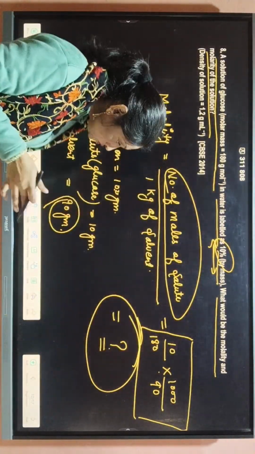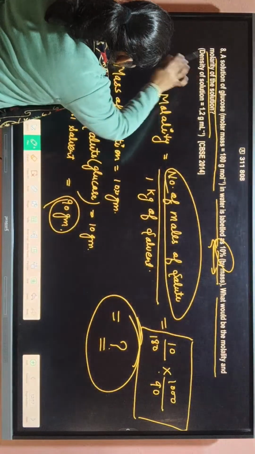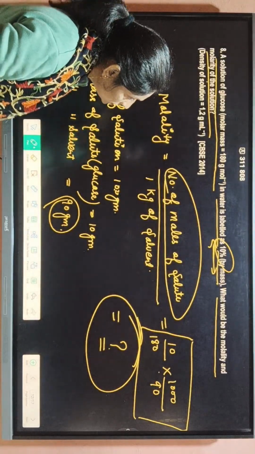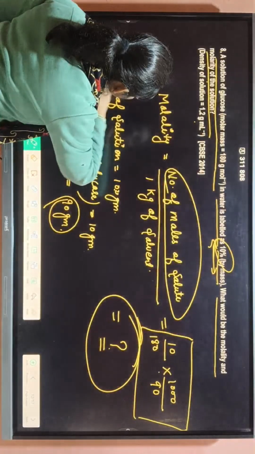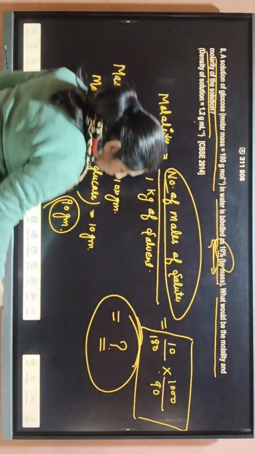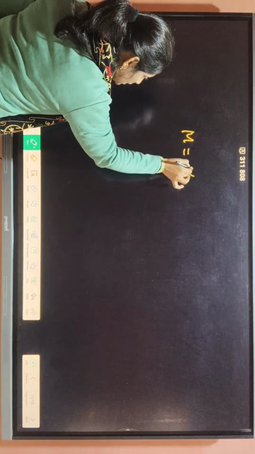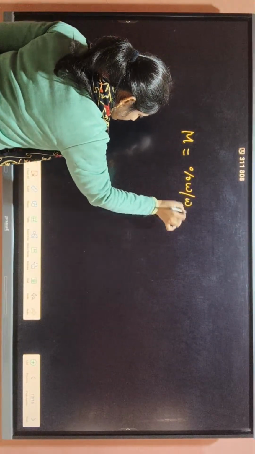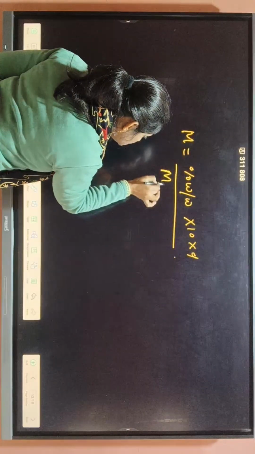Now students, our next one is molarity. You will calculate the molarity. Already I told about the formula: if percentage and density are given, then you can calculate the molarity. Molarity is equal to percentage into 10 into density divided by molar mass.